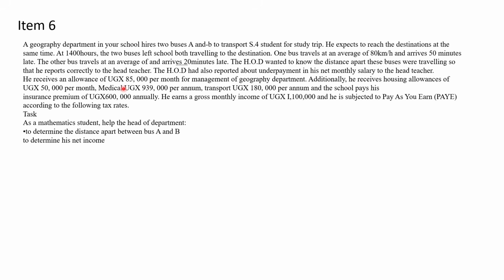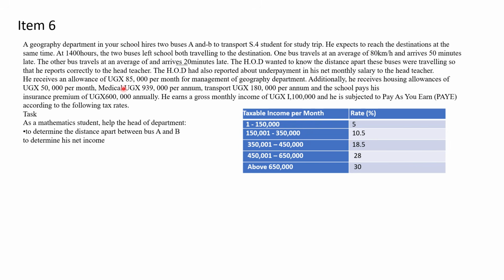Additionally, he receives housing allowance of 50,000 per month, and then medical allowance of 939,000 per annum. Then transport, that is 180,000 per annum, and the school pays his insurance premium annually. He earns a gross monthly income of 1.1 million. So he's subjected to pay as you earn. Then here we have our table as you see it there.